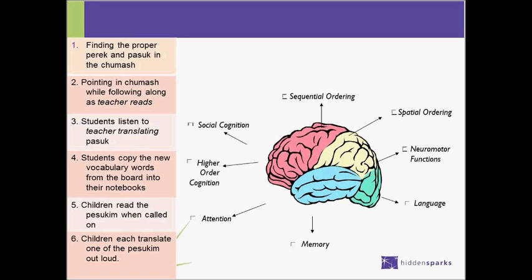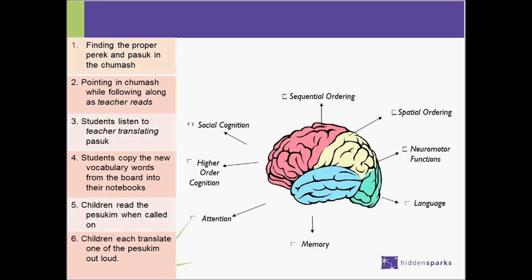We may be looking at the ability to move your finger in the right place, which seems very minor, but for some it might be difficult to track with their finger. That might be a fine motor or neuromotor task. Someone did say language here, so that's to be debated, but finding the proper perek and pasuk in the Chumash for sure involves spatial, sequential, and neuromotor.